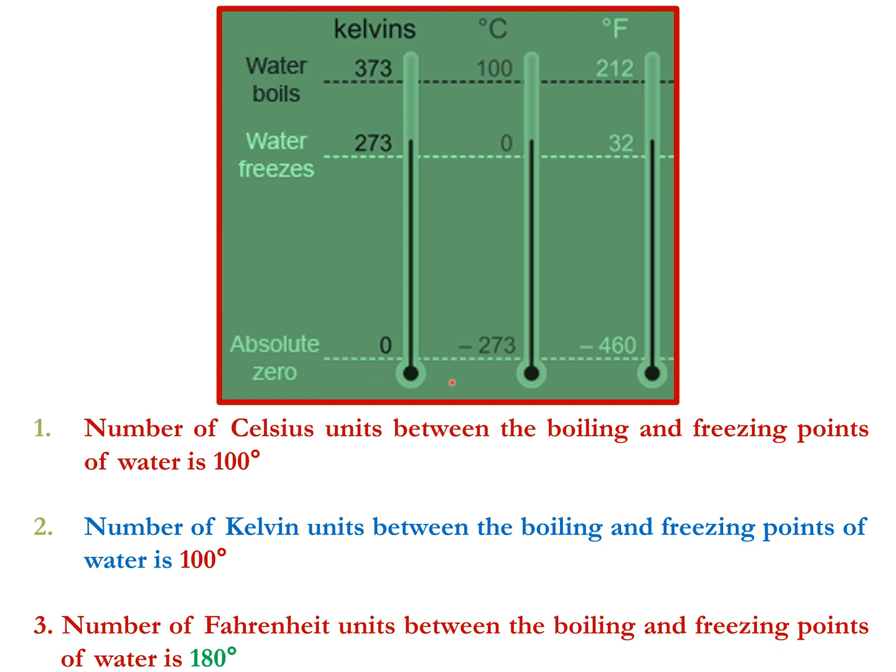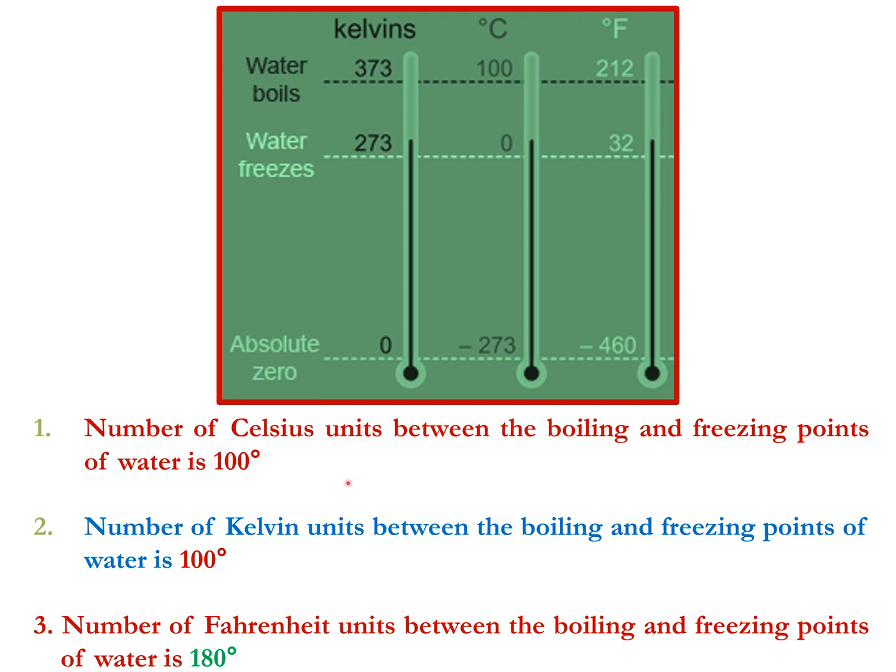On the Celsius unit, it is minus 273 degrees C, and on the Fahrenheit unit, it is minus 460 degrees F. On the Kelvin unit, water freezes at 273 K, and water boils at 373 K. On the Celsius unit, water freezes at 0 degrees C, and water boils at 100 degrees C. On the Fahrenheit unit, water freezes at 32 degrees F and boils at 212 degrees F.